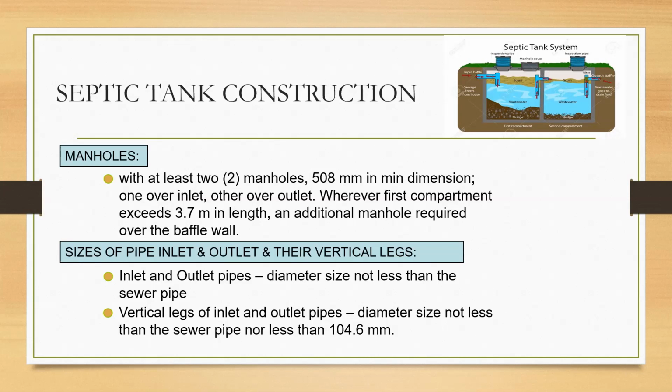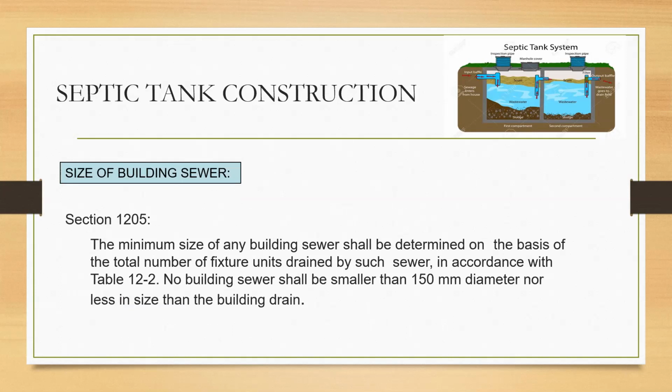Okay? So, the size of the building sewer, ang building sewer naman, that is the collector pipe of the building drain. From Section 1205, the minimum size of any building sewer shall be determined on the basis of the total number of fixture units drained by such sewer. So, saan po yan? Sa Table 12-2.